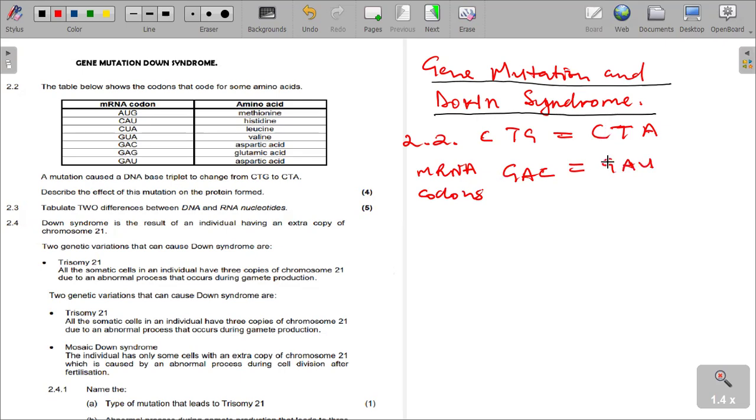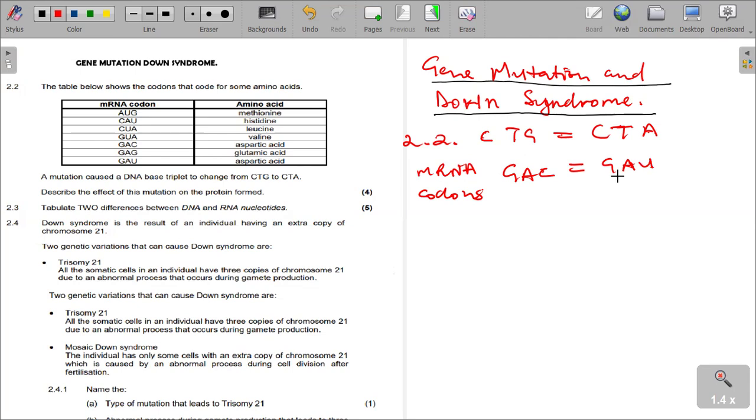Guanine pairs with cytosine, and thymine is now represented by A, so adenine pairs with uracil. So the mRNA codons changed from GAC to GAU.